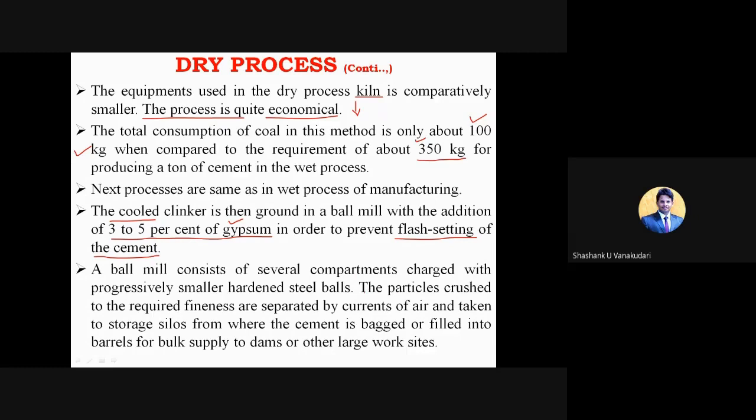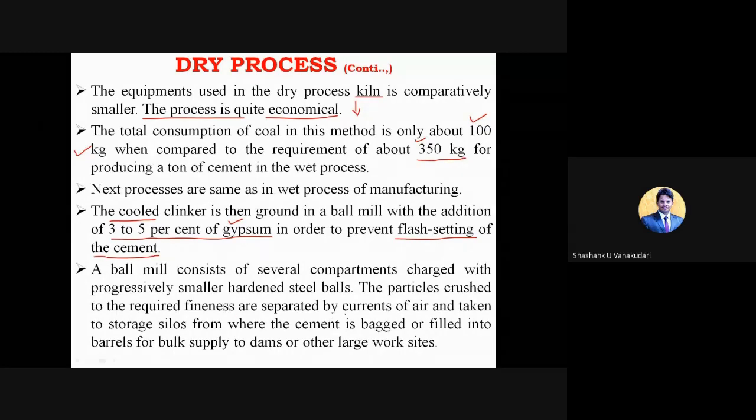Here the particles are crushed to the required fineness, separated by currents of air, and taken to storage silos from where the cement is bagged or filled into barrels for bulk supply to dams or other large work sites.